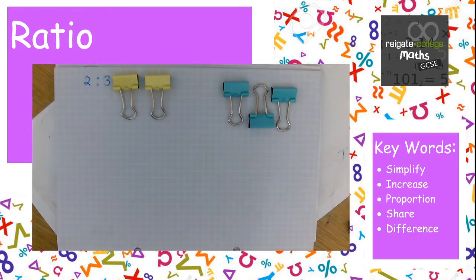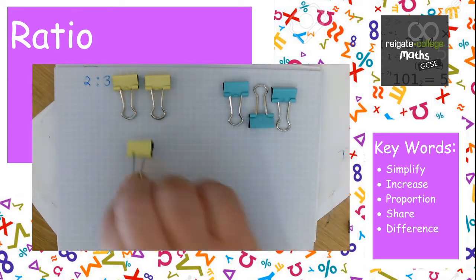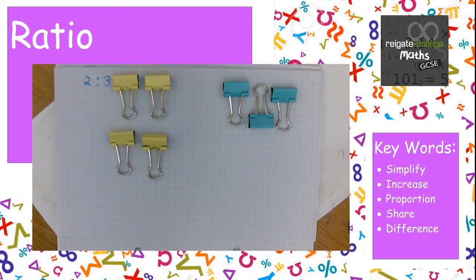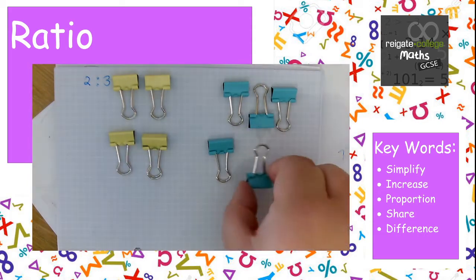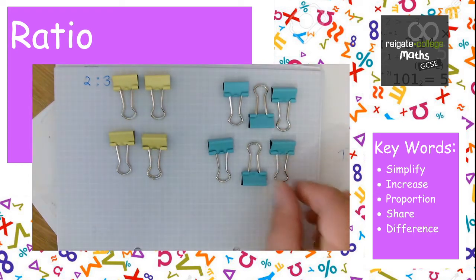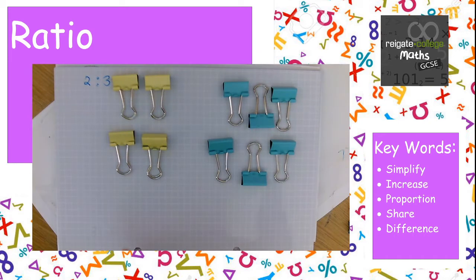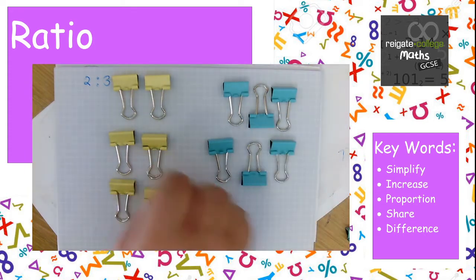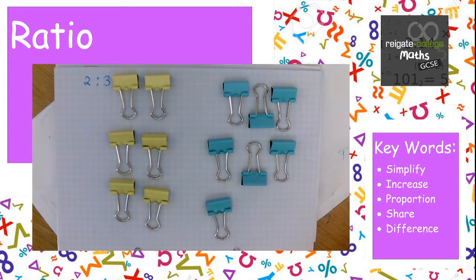And I could increase that ratio by adding 2 more yellow clips and 3 more green clips. My ratio is now 4 to 6. I could do that process again by adding another 2 yellow clips and another 3 green clips. My ratio is now 6 to 9.